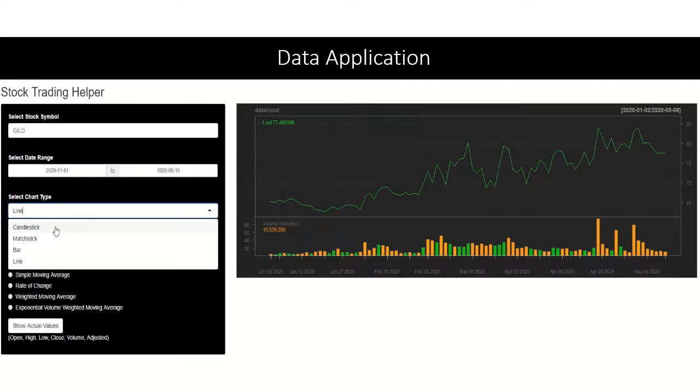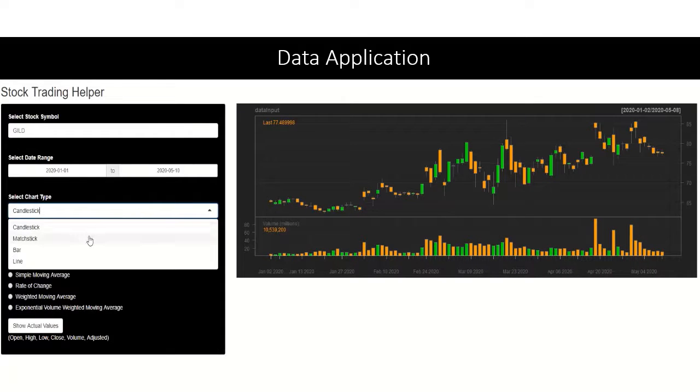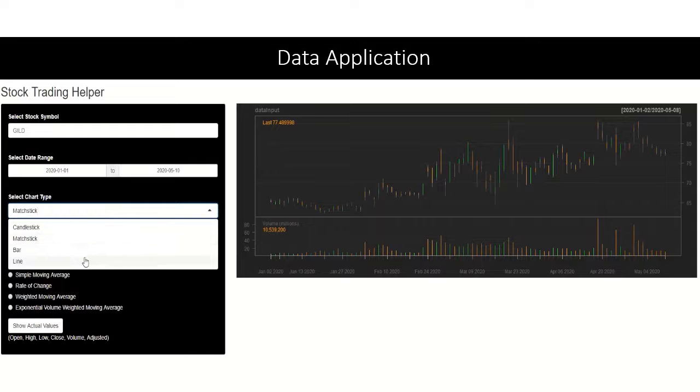And the other options are candlestick, OHLC, and bar.